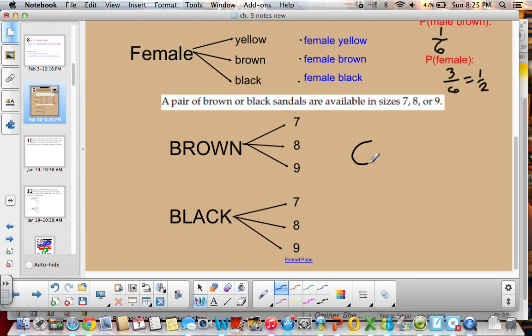So again, we have 6 different outcomes, and say we're going to find the probability of picking a brown sandal in a size 9. That would be 1 out of 6, because there's only one option for brown 9. So 6 outcomes total.